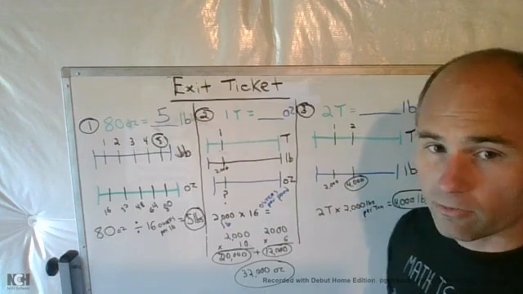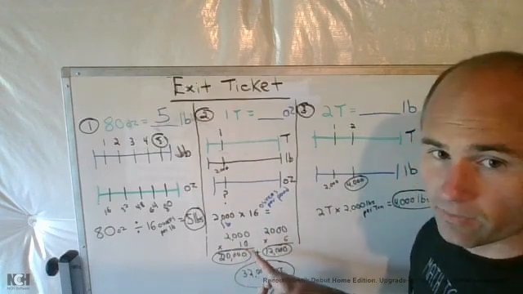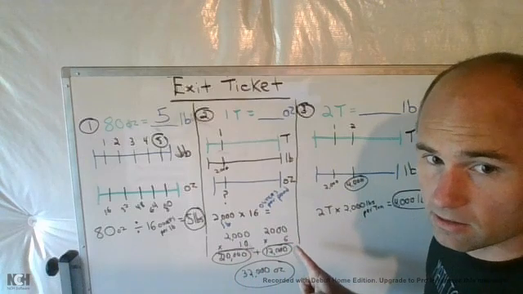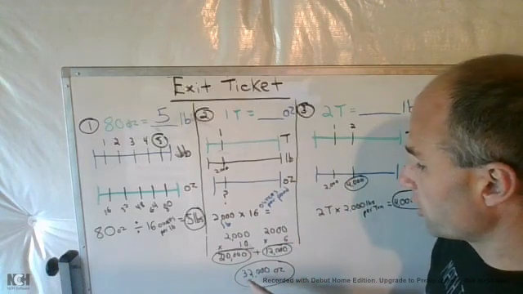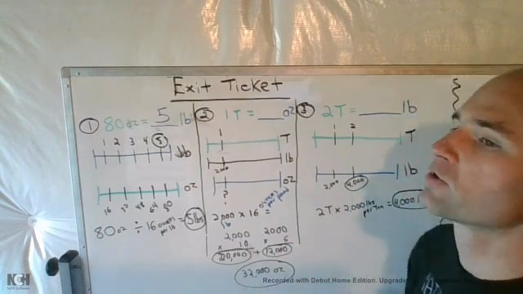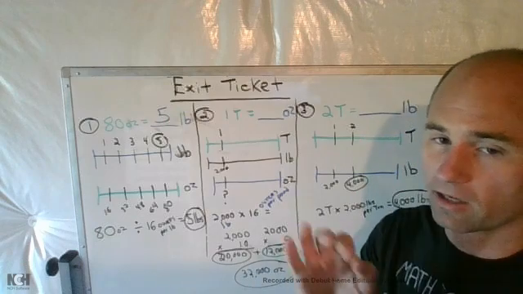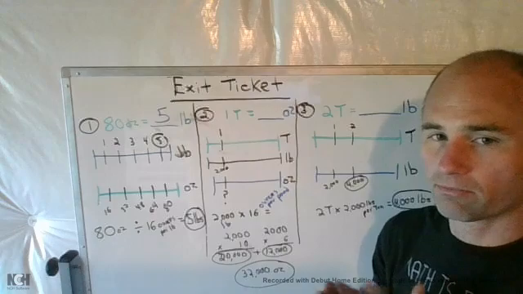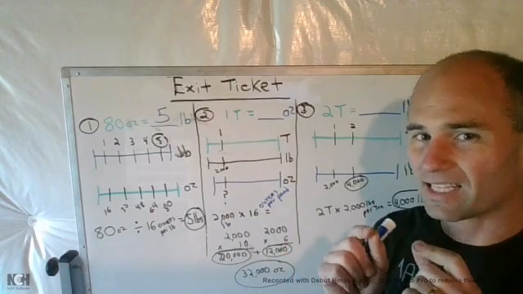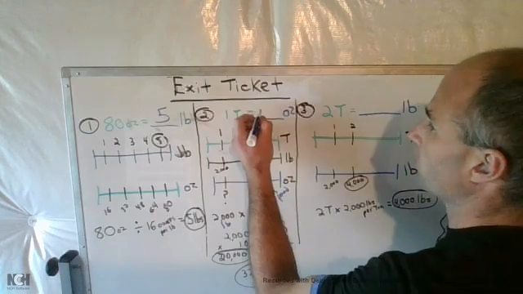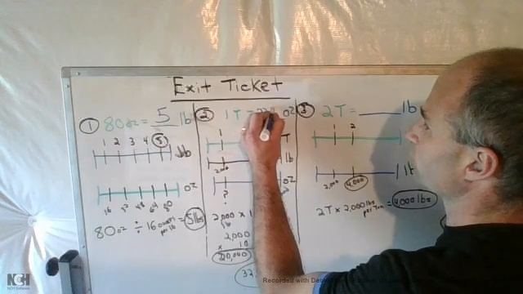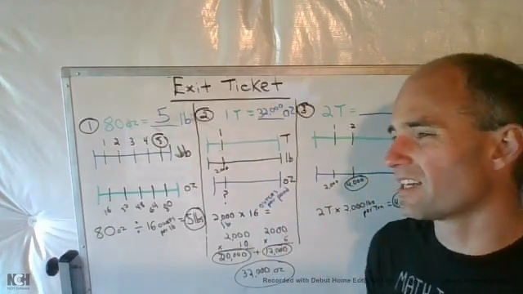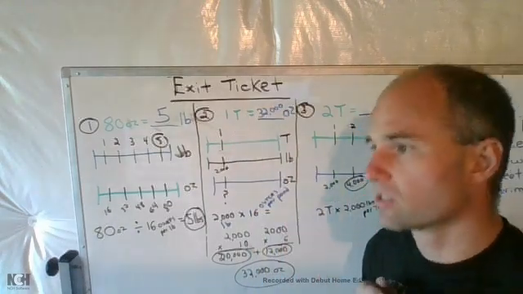So I did 2,000 times 10 and 2,000 times 6, and I got 32,000 pounds. I'm sorry, 32,000 ounces. Sorry for that. 32,000 ounces. That's a lot. That's a pretty high number. So 1 ton is 32,000 ounces.